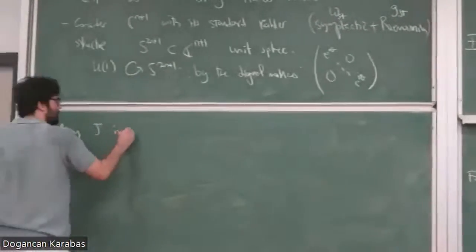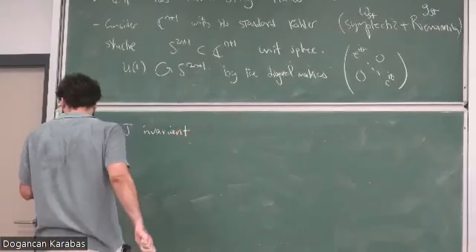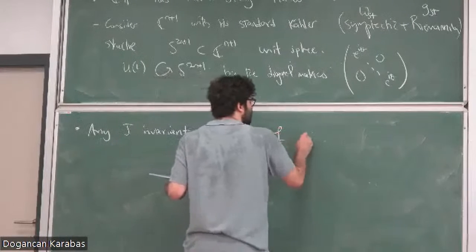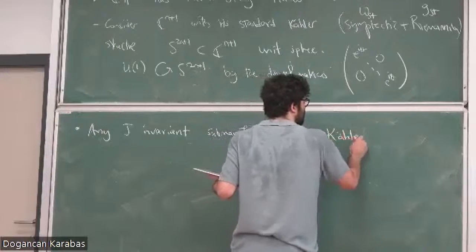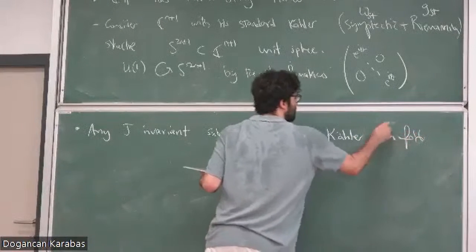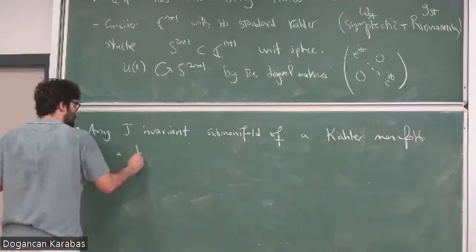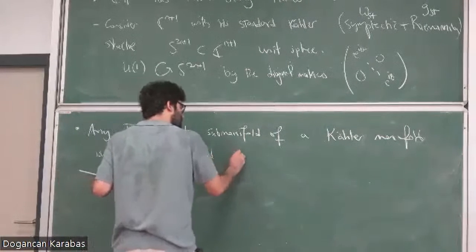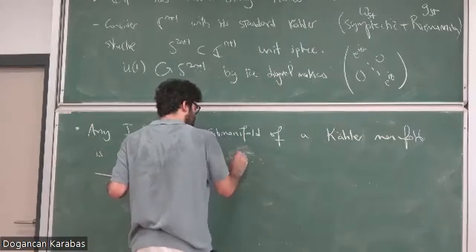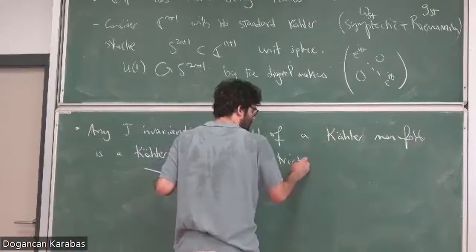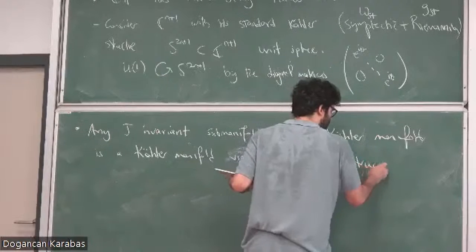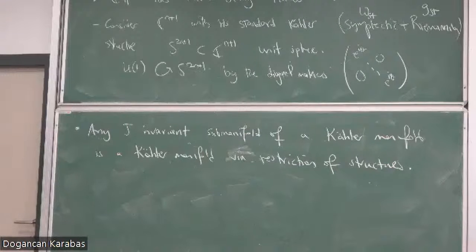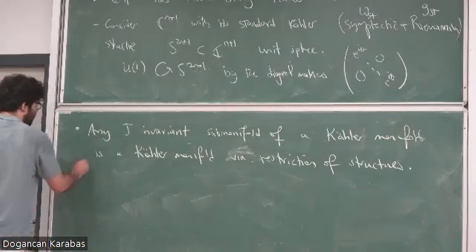Any J-invariant submanifold of a Kähler manifold is also a Kähler manifold with restriction via restriction of structures. Okay. So now let me give you sub-examples of this example.